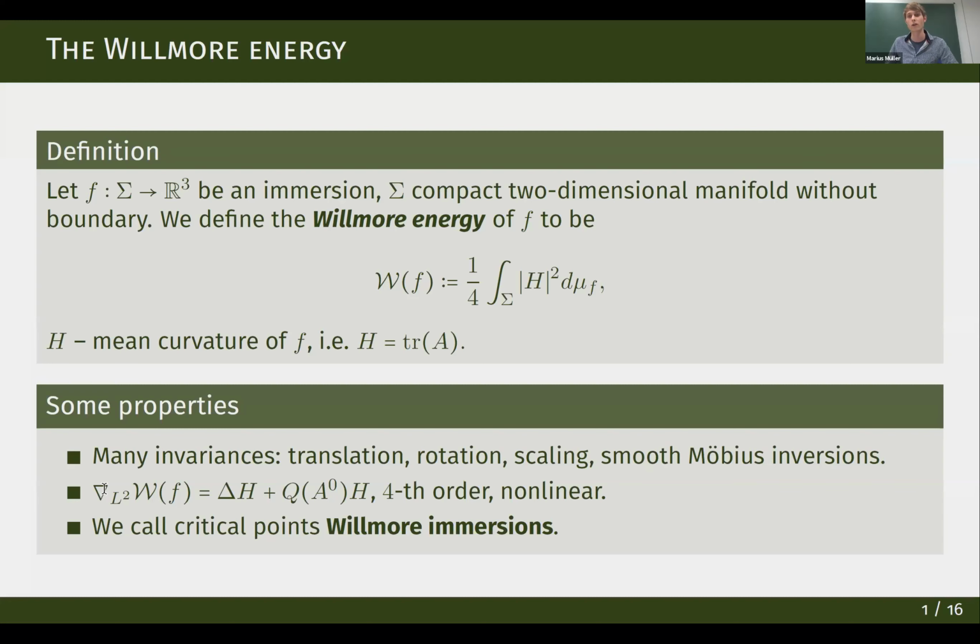So it's a fourth order equation, and it's nonlinear. And we call critical points, so immersions such that the gradient vanishes, Willmore immersions. So don't worry too much about this nonlinearity. It will not be very relevant in the talk.